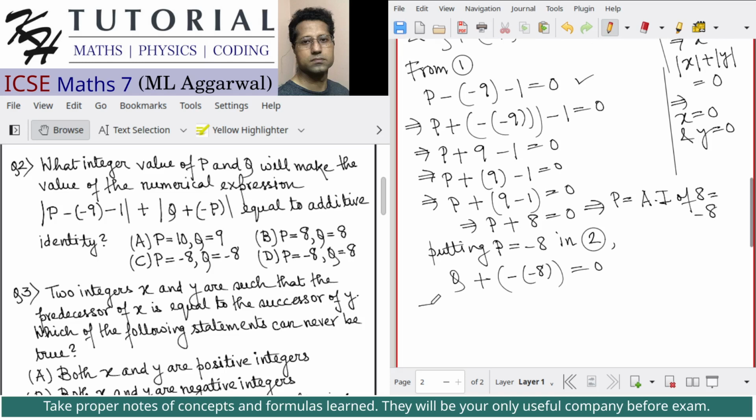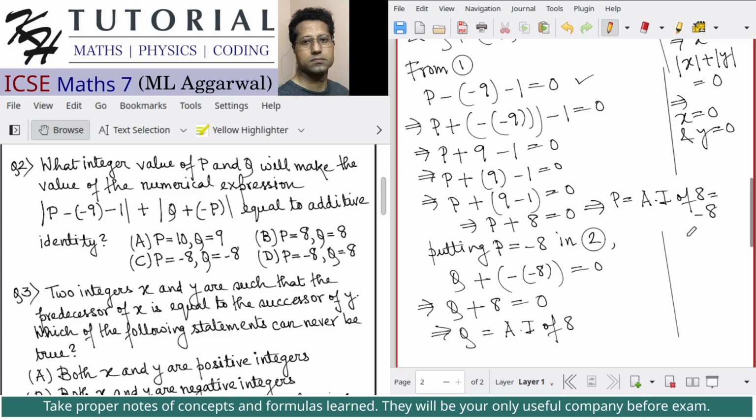This implies Q plus negative of negative 8 means 8, so Q plus 8 is equal to 0. So again we have Q plus 8 is equal to 0. This means that Q is equal to the additive inverse of 8.